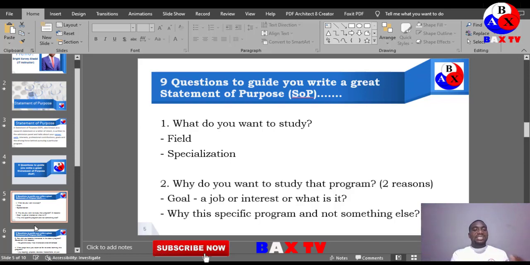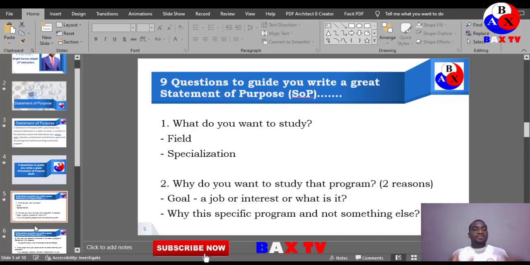So the specialization. Okay, so maybe in some instances it could be that you want to be in the IT field, but what area? Could it be data, maybe big data or data mining or computer science, or a whole lot. It could be database management and all that. That is the field of IT.